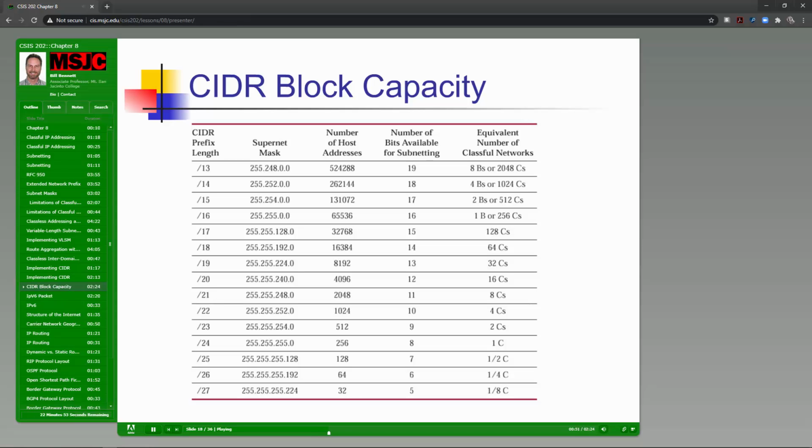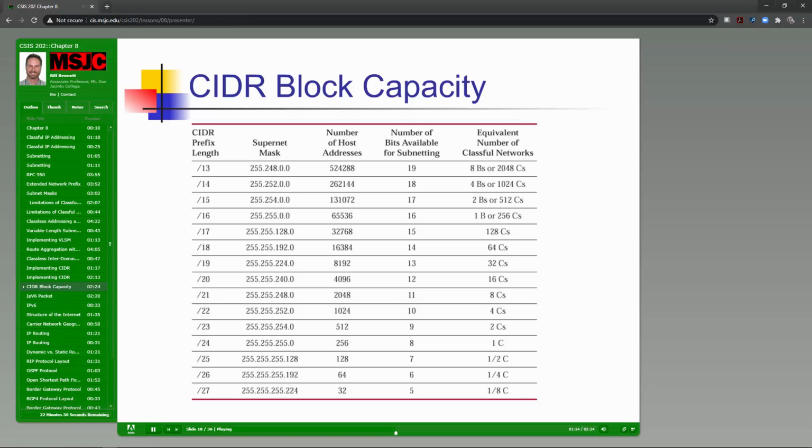But let's take a look at it and go through it so that you'll understand what the information is. The first column is the CIDR prefix length. When we say /13, that means 13 bits in your subnet mask. So the first 8 bits are used in the subnet mask as 8 ones, and the decimal equivalent of 8 ones is 255.